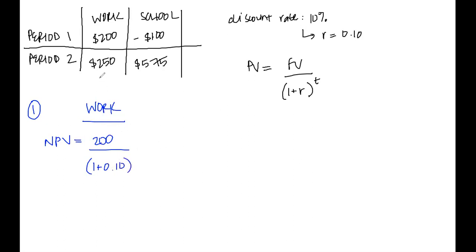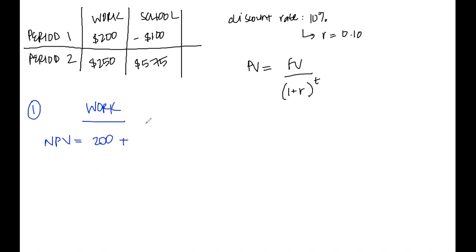Now in this case, because period 1 is our initial year, meaning currently, time is going to be 0. So with that, this entire denominator turns into 1, so we're just left with 200. Just wanted to show that.